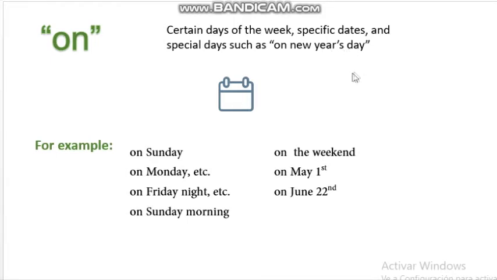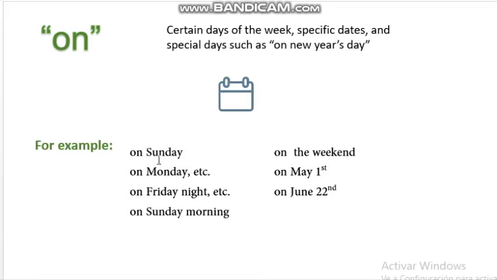With another example we can use on Sunday, on Monday. These are days of the week. We have here two examples, Sunday and Monday, but you know that we have 7 days of the week. So we can use it with Tuesday, Friday, Saturday, whatever day of the week.